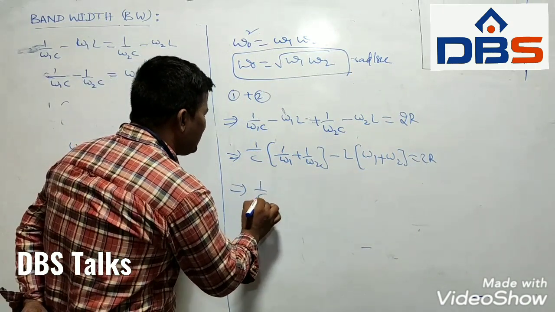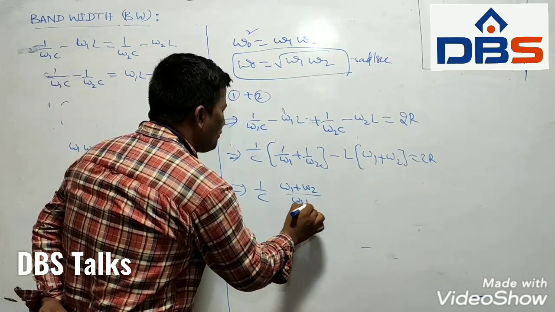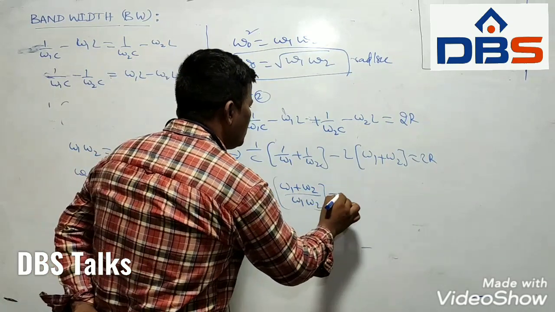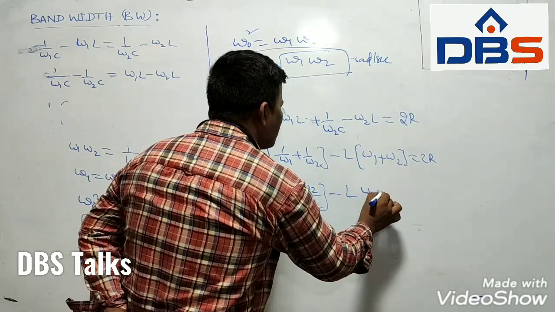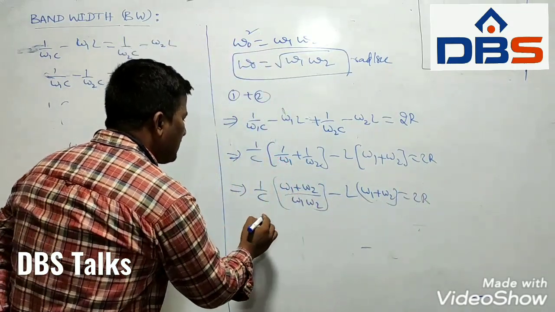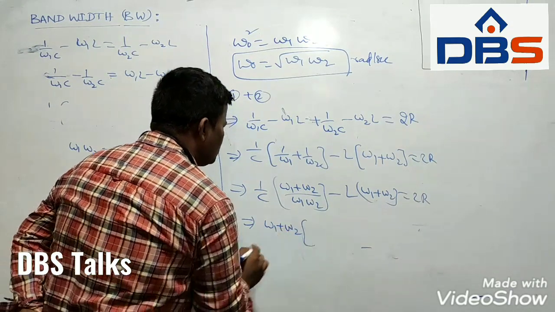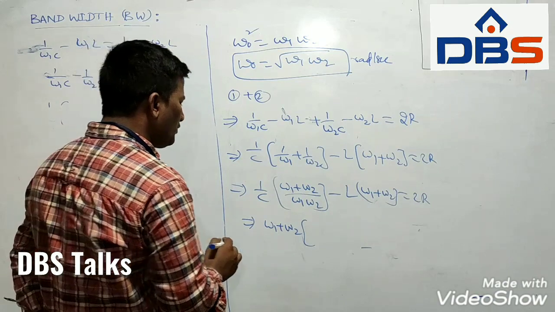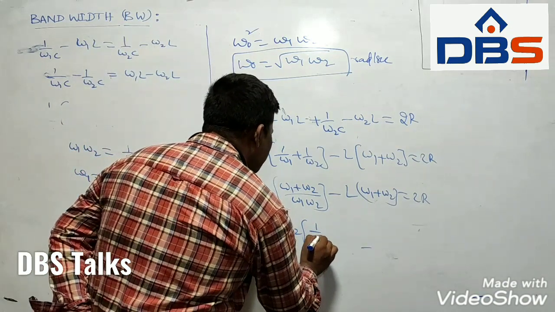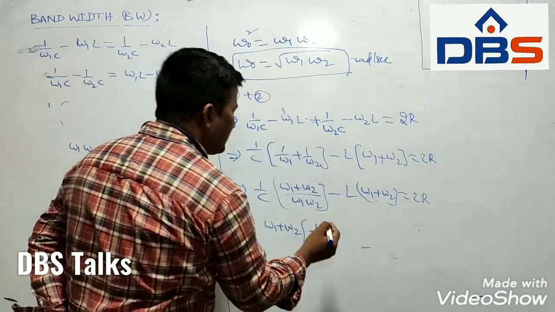That is equal to 1 by c, omega 1 plus omega 2 by omega 1 omega 2, minus l, omega 1 plus omega 2, equal to 2r. Now take the common factor omega 1 plus omega 2. 1 by c into 1 by omega 1 omega 2, that is omega naught squared.